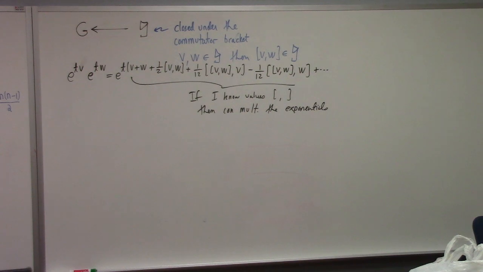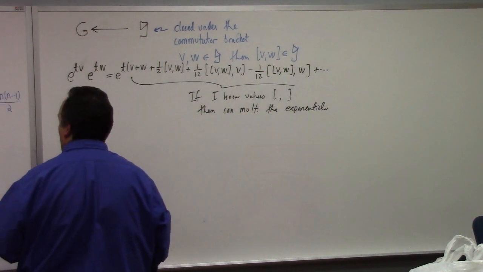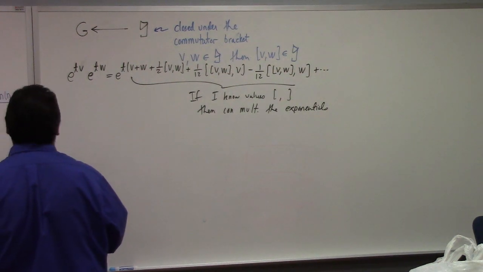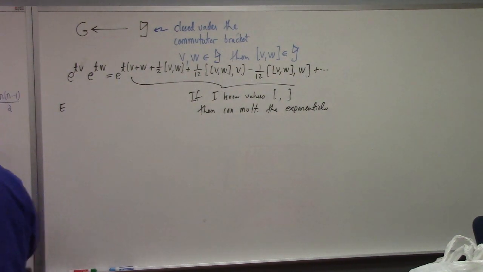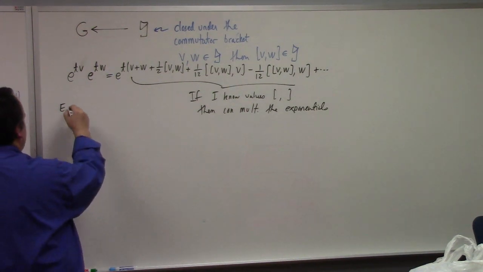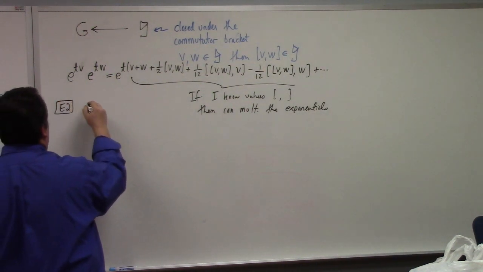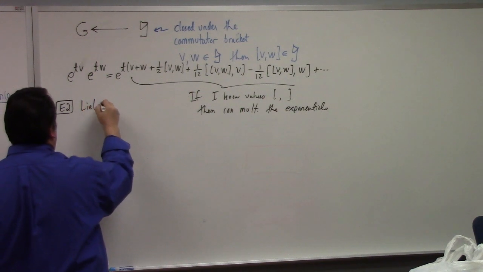All right, so let's calculate the Lie algebra of something more interesting. How about SLN? Is this example 2? I guess this was example 1. Finally, we had an example today, right? So example 2, let's calculate the Lie algebra of SLN.